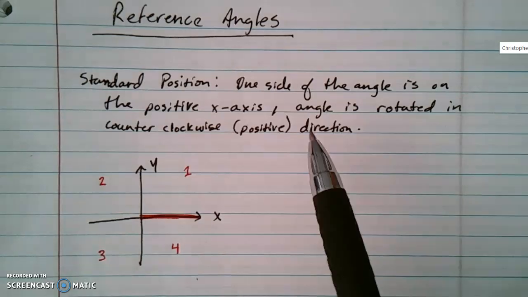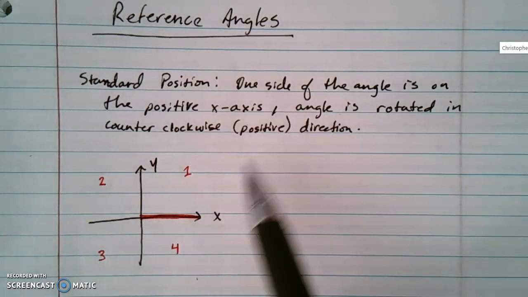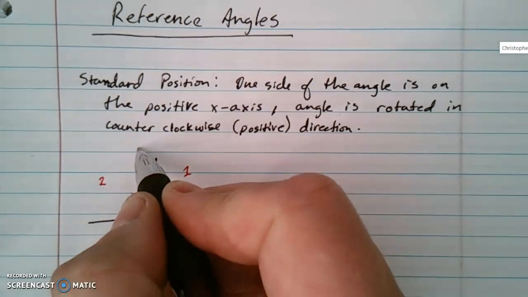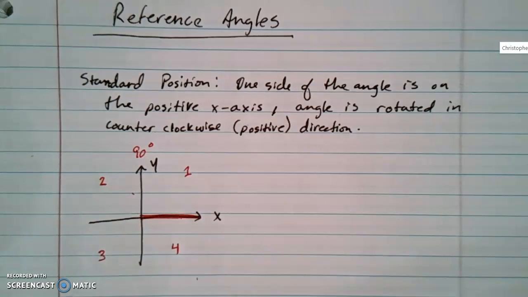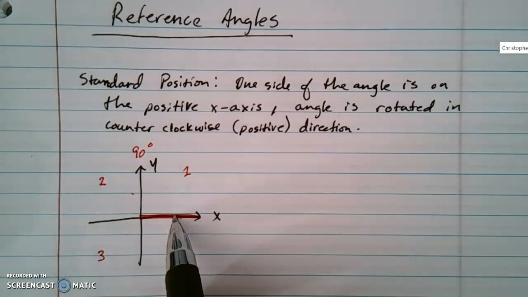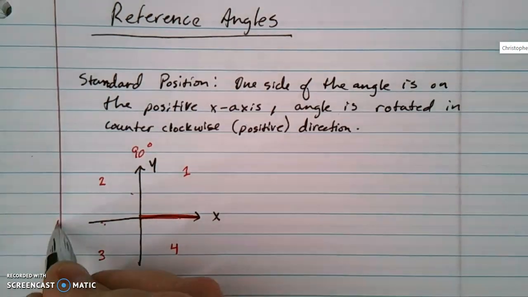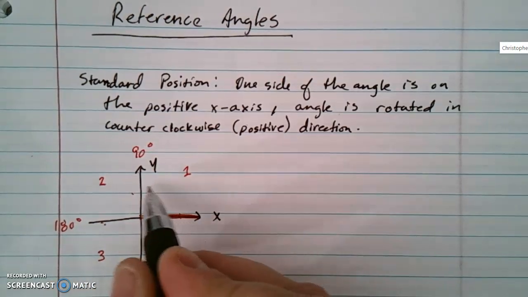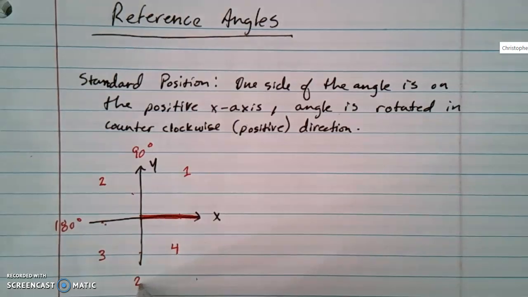Standard position says that any angle less than 90 is going to be in quadrant 1. And as a matter of fact, from here to here is 90 degrees. From here to here is 180 degrees. From here around to here is 270.